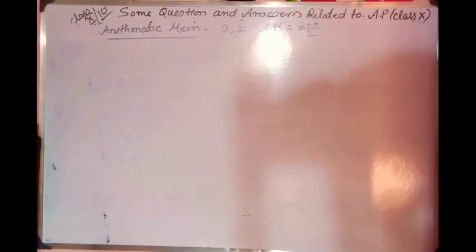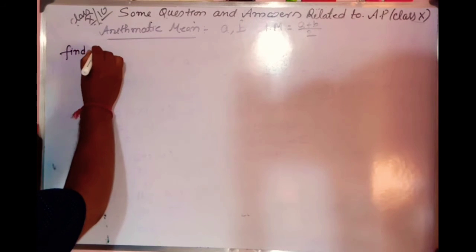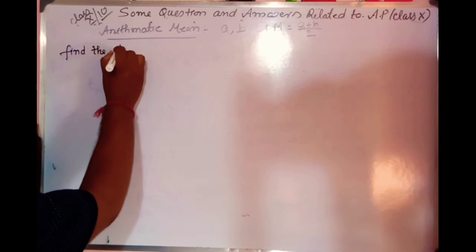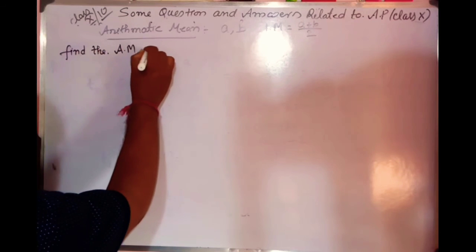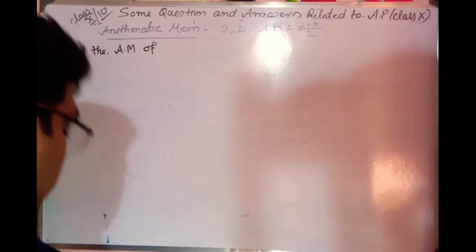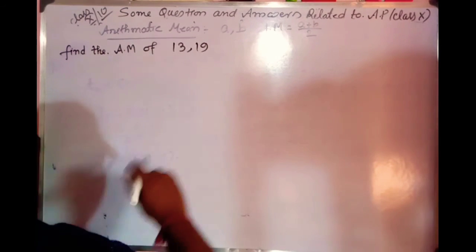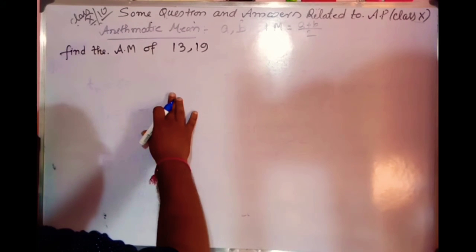So let us take one question so that you will understand it. Find the arithmetic mean of 13 and 19. So what will be the arithmetic mean of 13 and 19?